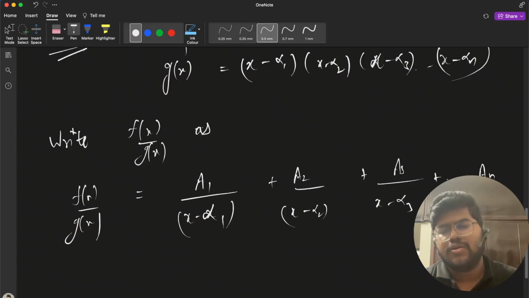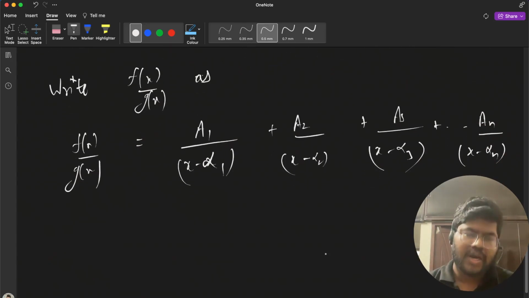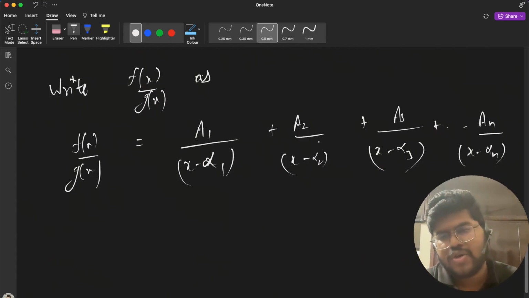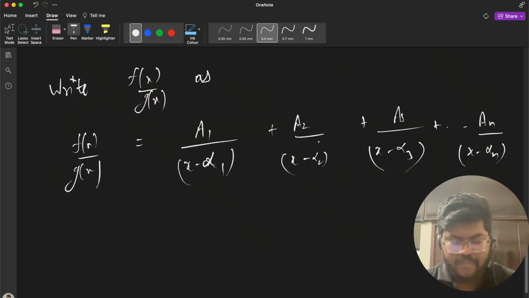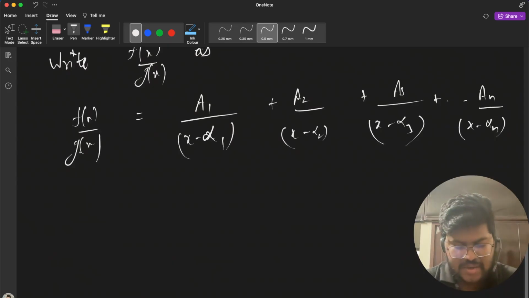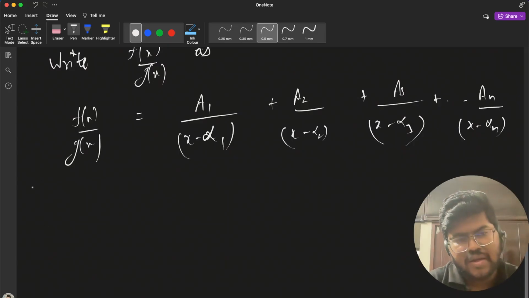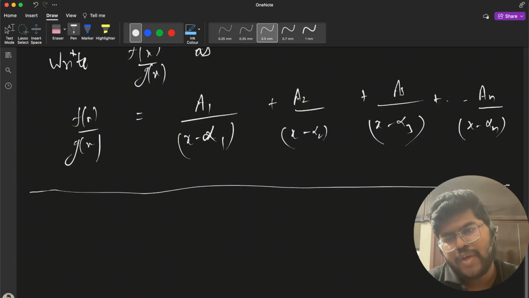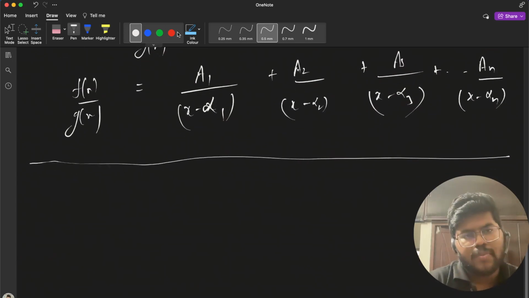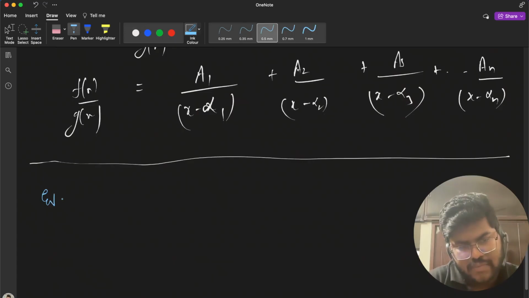Here observe that we have written it in the form of partial fractions, and our motive is to find the terms a1, a2, a3 up to an by taking the LCM and comparing the coefficients on both sides. If we take the LCM on both sides, we can easily find the values of a1, a2 up to an. Let us now do some problems related to it.